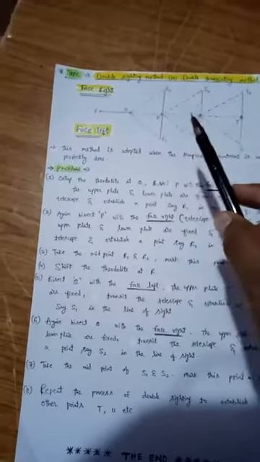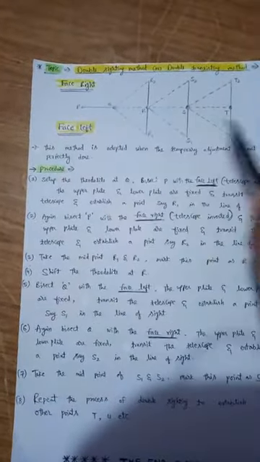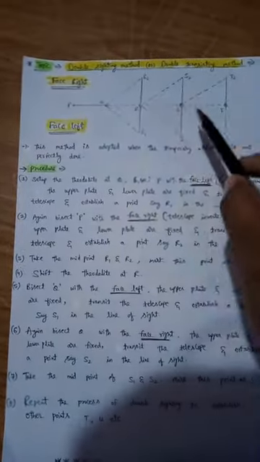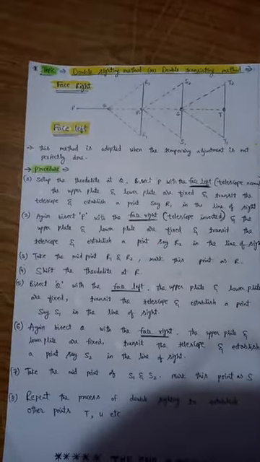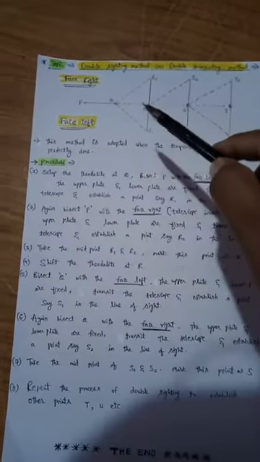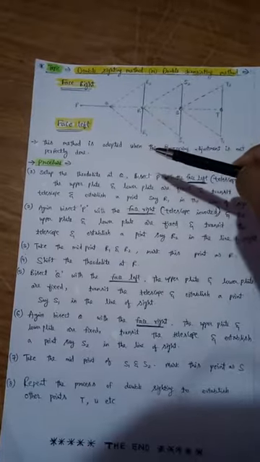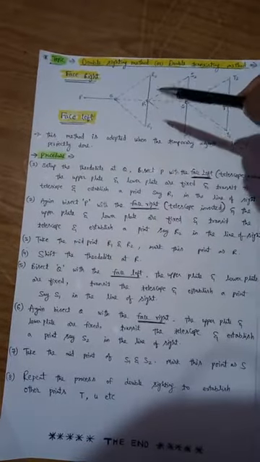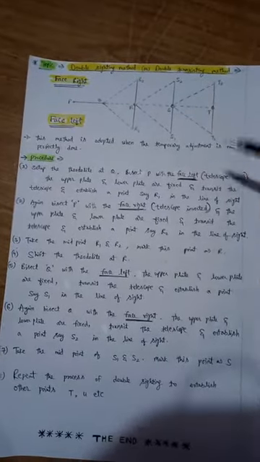So the final conclusion of our double sighting method: if temporary adjustment is properly done, PQRST will be in a straight line. If temporary adjustment is not done perfectly, in face left and face right we will get some error, that is R1, R2, S1, S2, T1, T2.